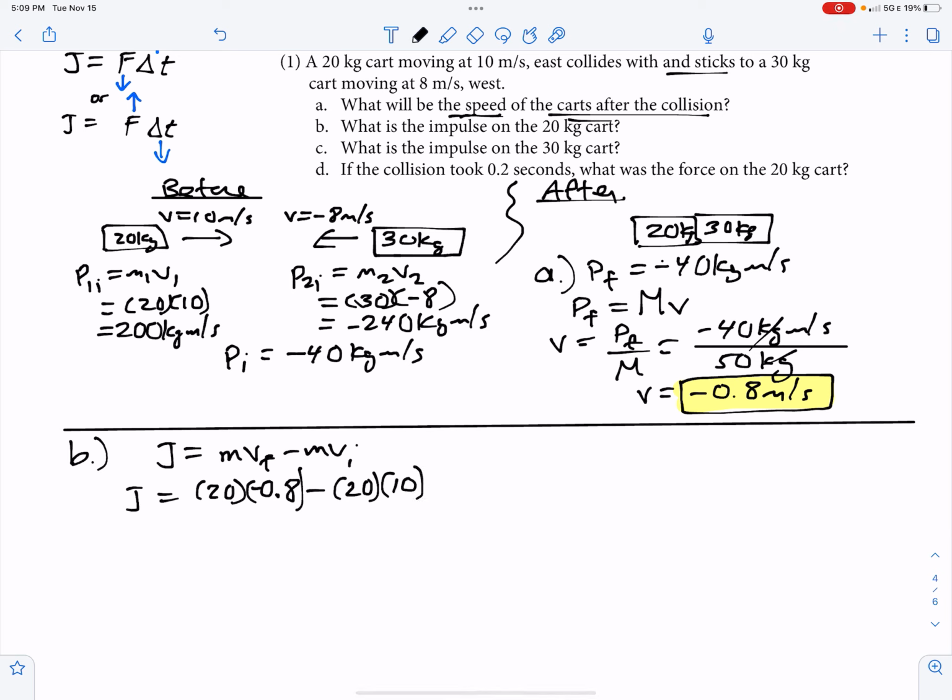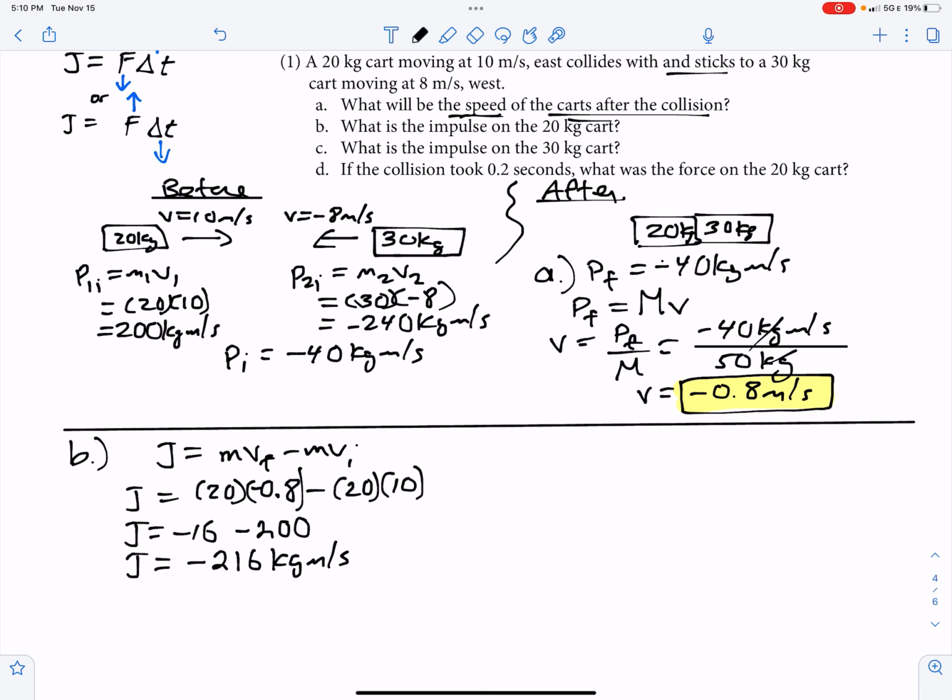V initial was 10. So 20 times negative 0.8 is negative 16, minus 200, and we get an impulse of negative 216 kilograms meters per second.